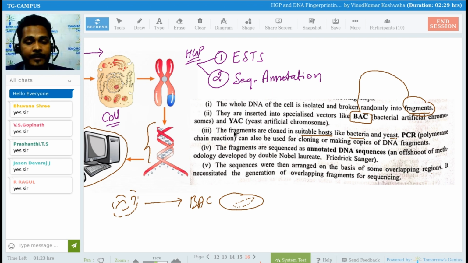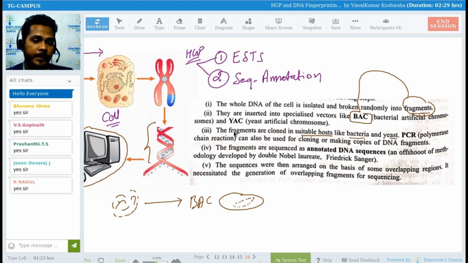Okay, so what we studied about this Human Genome Project: we started with how this project was initiated, right? Then we studied why this project is called a mega project. We also studied the goal of the project.